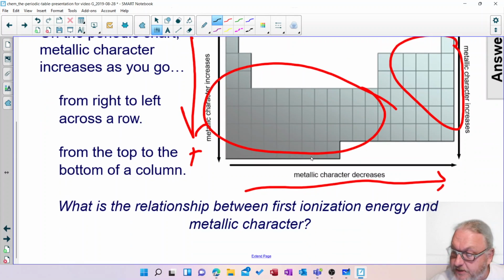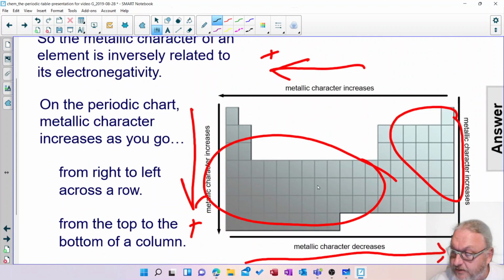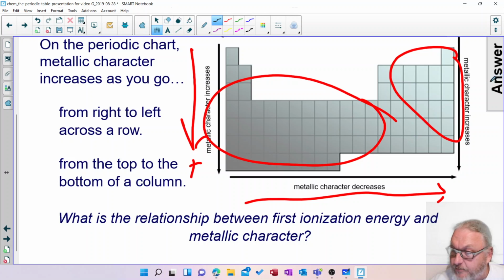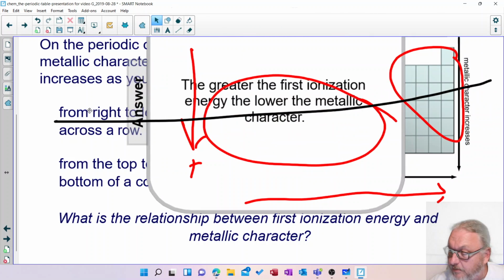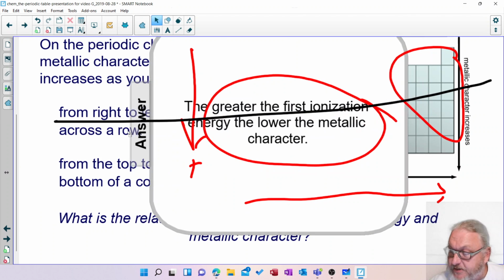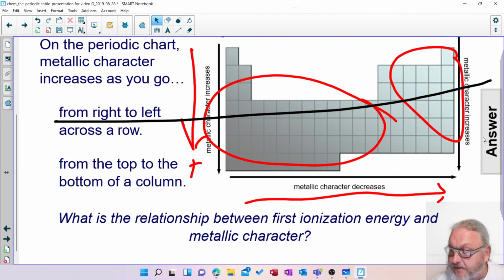So what's the relationship between the first ionization energy and the metallic character? Well, it's going to be the same. It's going to have the inverse relationship. All right, the greater the first ionization energy, the lower the metallic character.